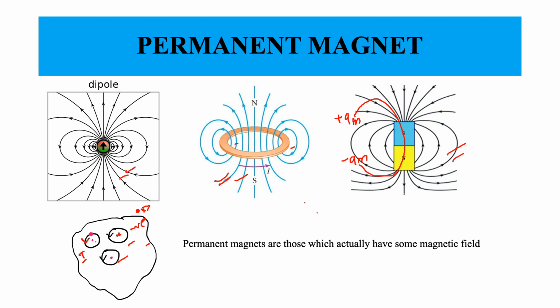By taking a bar magnet or a round magnet and placing iron filings, you will see that the iron filings form a certain loop around the bar magnet. There is no external current here. What we have instead are those tiny little loops inside the magnetic material contributing to the overall magnetic field.